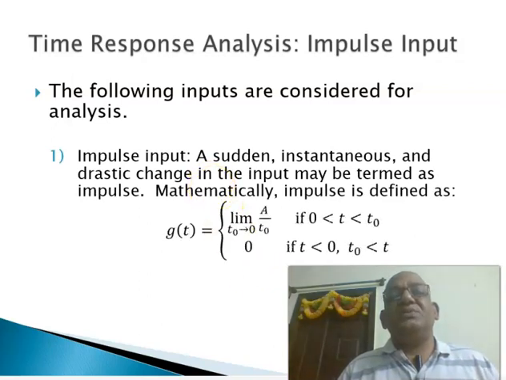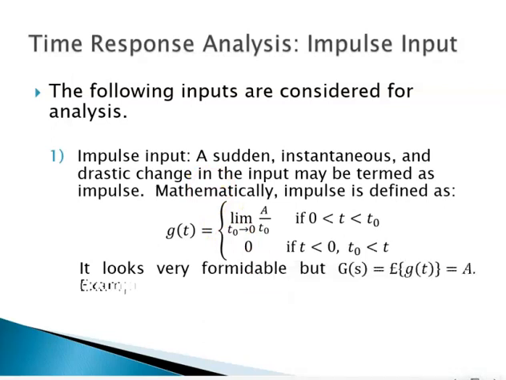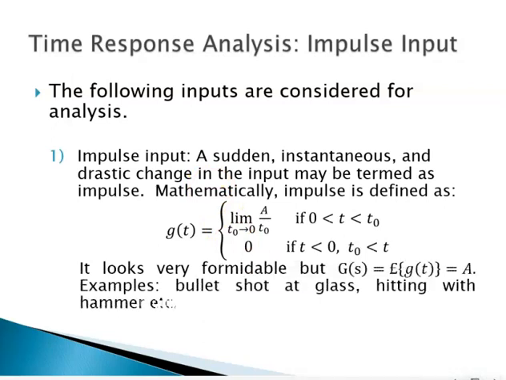One of the first inputs that we study is an impulse input. An impulse input is defined as shown over here mathematically. When T0 tends to 0, A over T0 tends to be very high. So we are considering a small pulse which is very high in a very short period of time. This may look very confusing to begin with, but notice that its Laplace transform is really very simple.